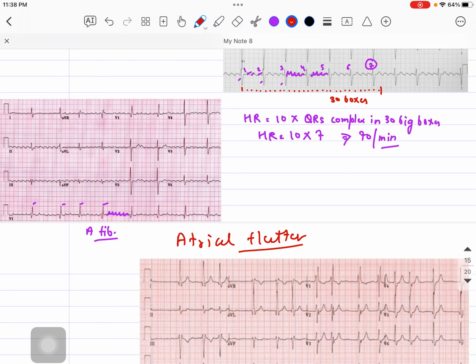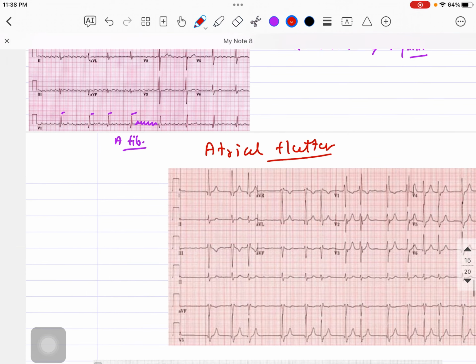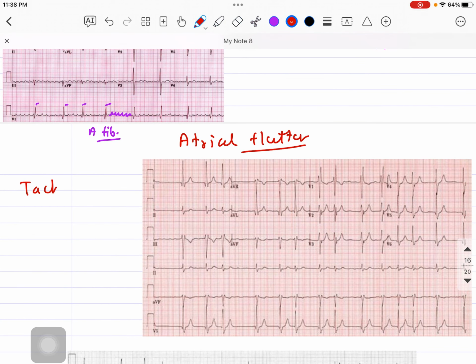Okay. In the atrial flutter, what I need to remember over here is, usually in the atrial flutter also you might see the tachycardia. In most of the cases you will be seeing the tachycardia. So it means the heart rate will be more than 100, even far more than that, exceeding 250 beats per minute as well.